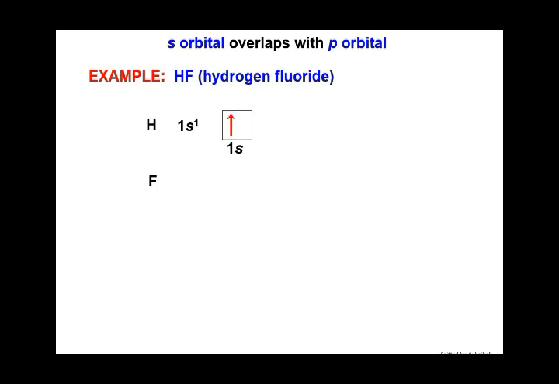And fluorine is 1s2, 2s2, 2p5. The valence electrons for a fluorine atom is 7, so that means the fluorine atom needs only one more electron to become octet.